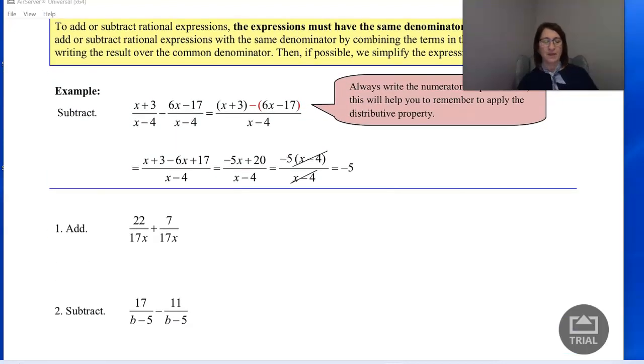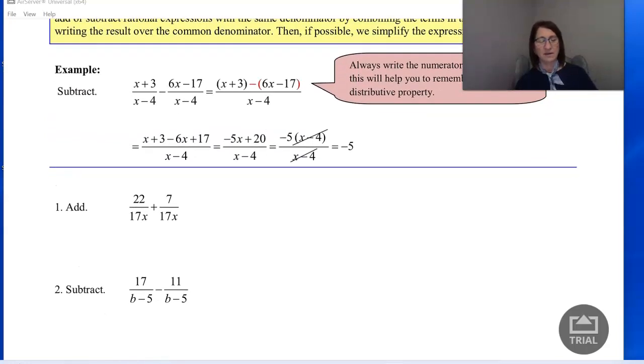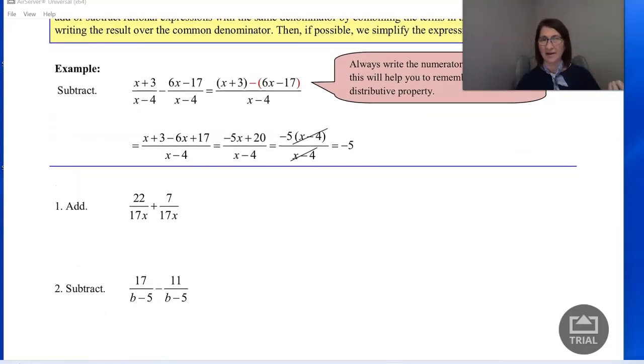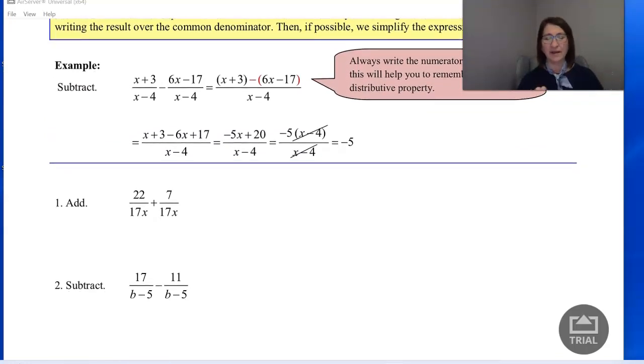So if we have common denominators, the thing I notice about this example is it's a subtraction. And so what we're going to want to do is put parentheses around that second numerator.